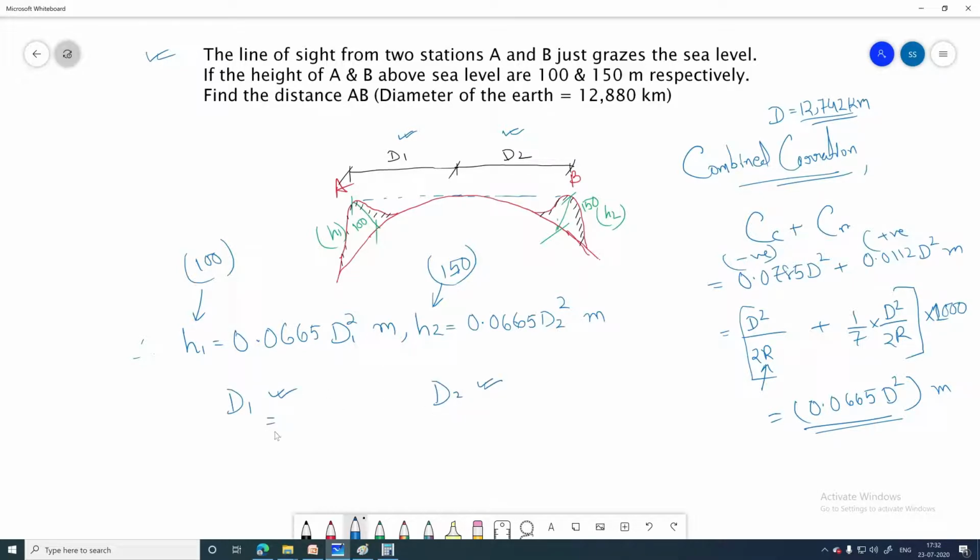So the value of D1 will be 38.78 kilometer, and the value of D2 will be 47.49 kilometer.